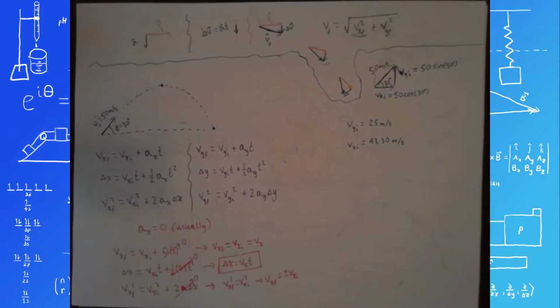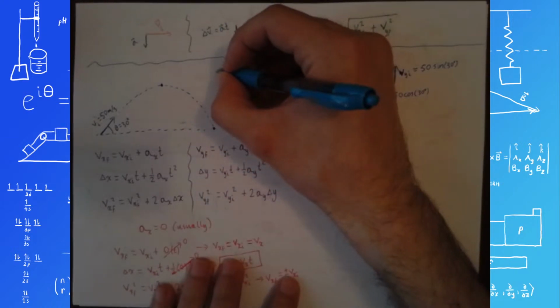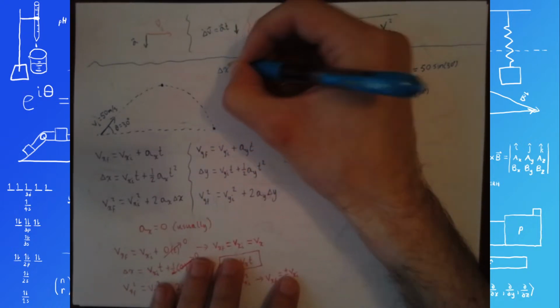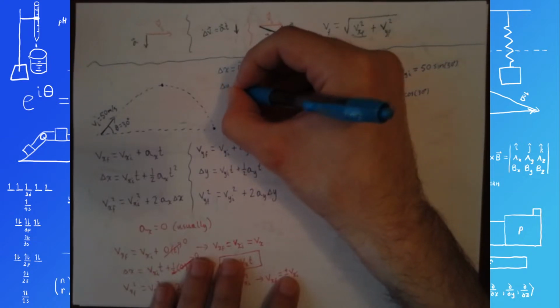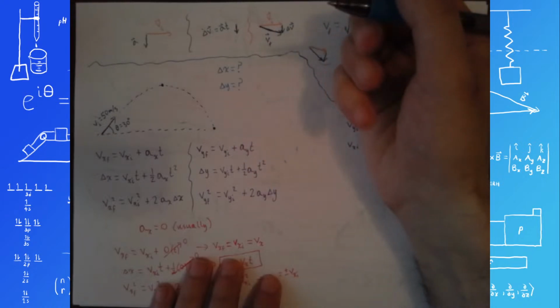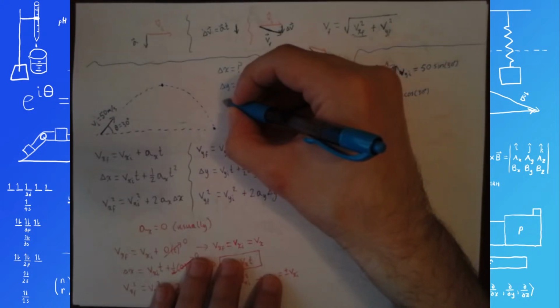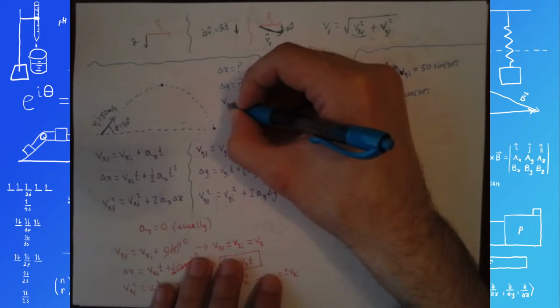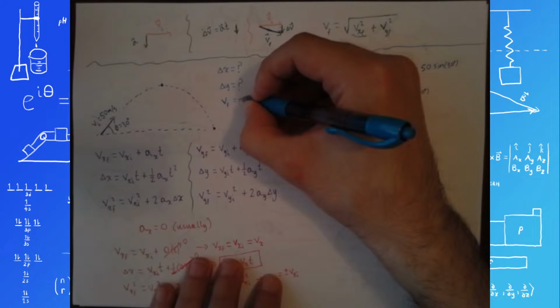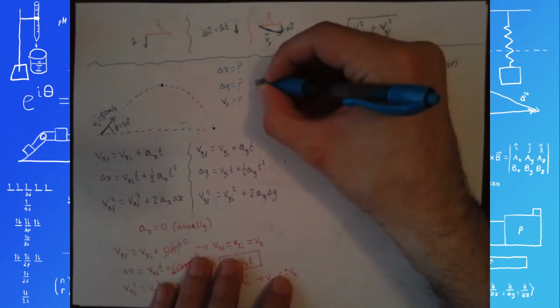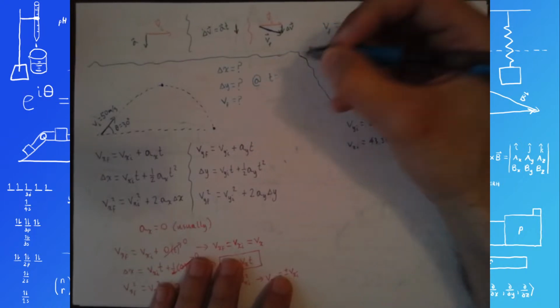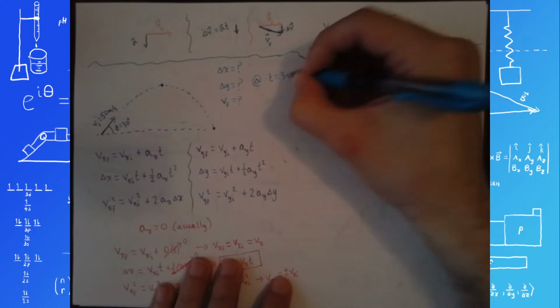How about, let's figure out how far has this object traveled horizontally, where is it vertically, and what is the velocity, I'll call it the final velocity, at time t equals 3 seconds.